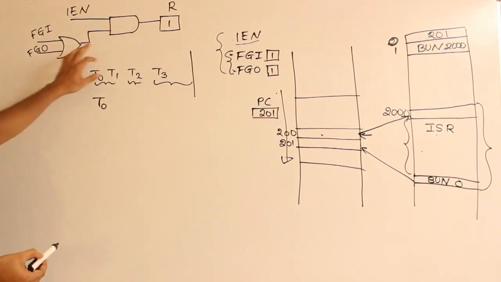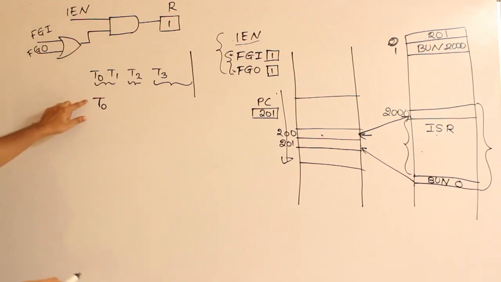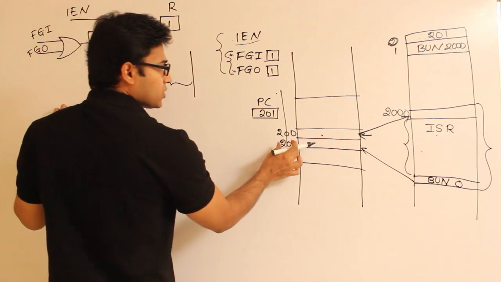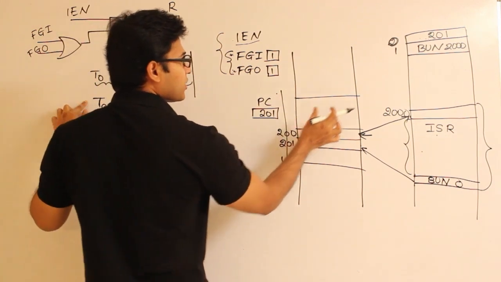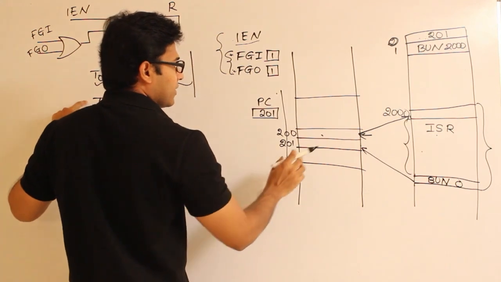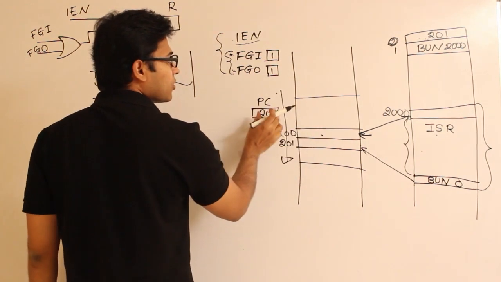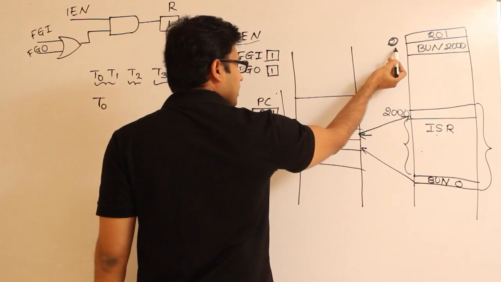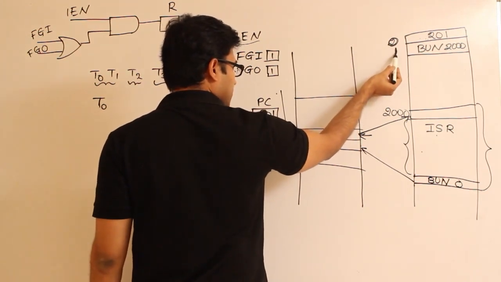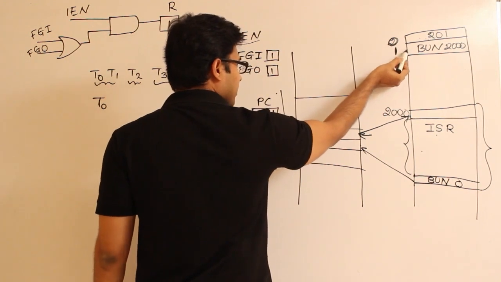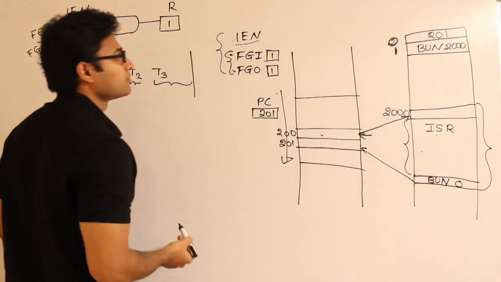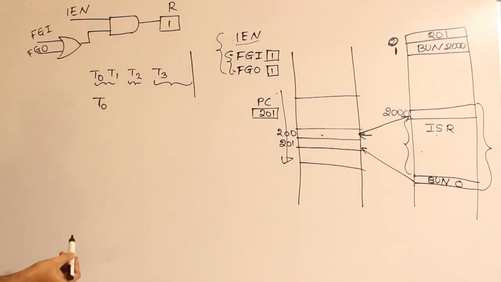And if this flag is set, I want you to perform these actions. What are the actions? You have to store this program counter in this location, and then load the program counter with the next location, which means 1, and you start executing from this instruction. Once you start execution from this instruction, automatically your program control will go there and everything will be done. Got it? These are the actions I want you to do.